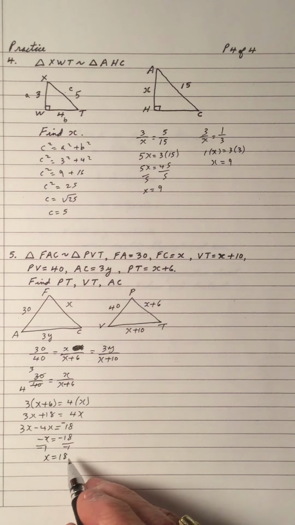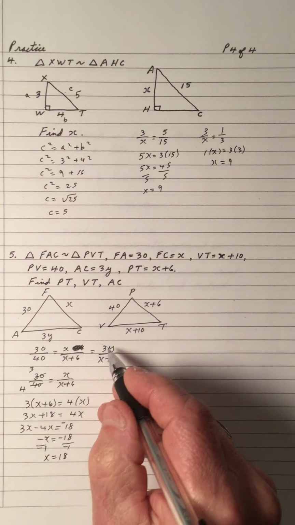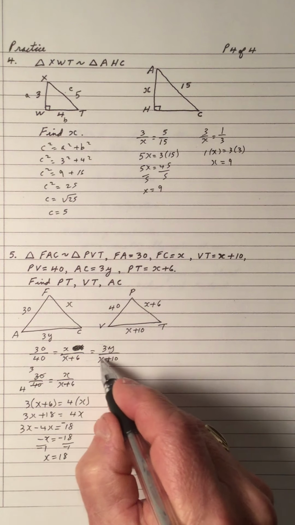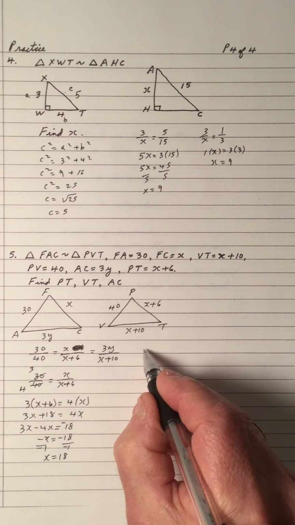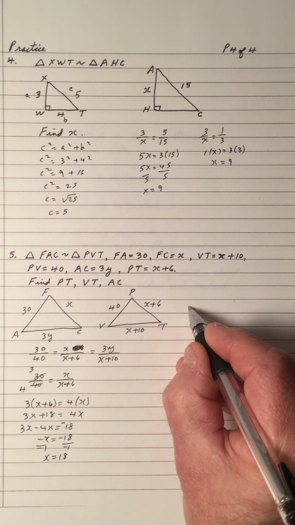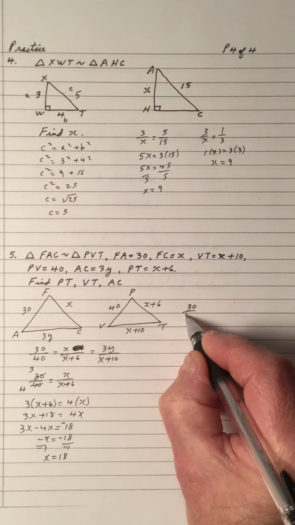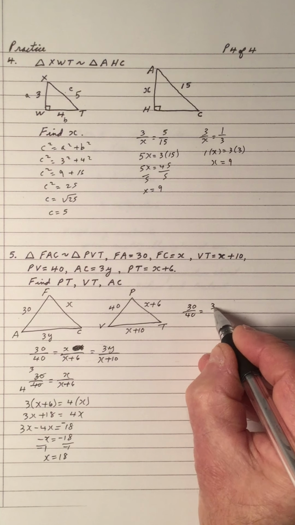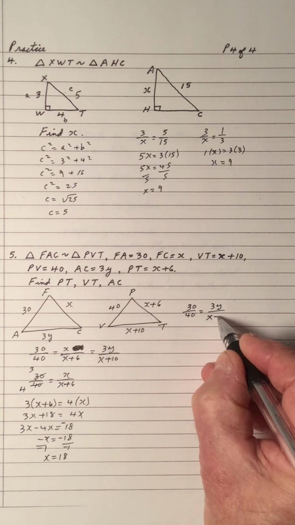Now that I have what X is, I need to find what Y is. So Y is involved right here. So 30 over 40 equals 3Y over X plus 10.